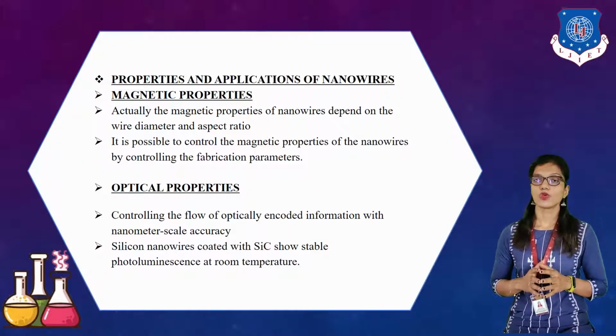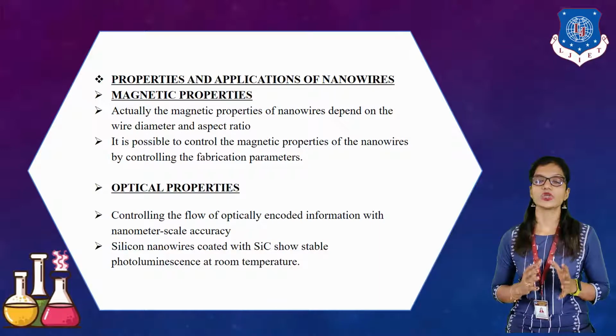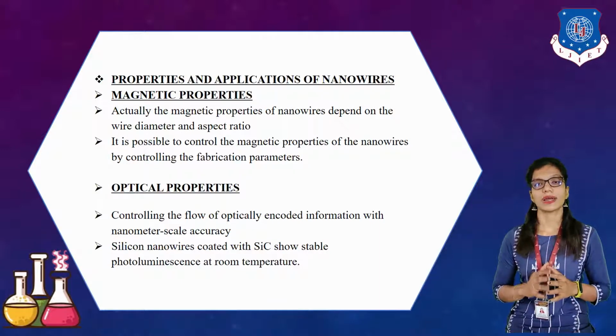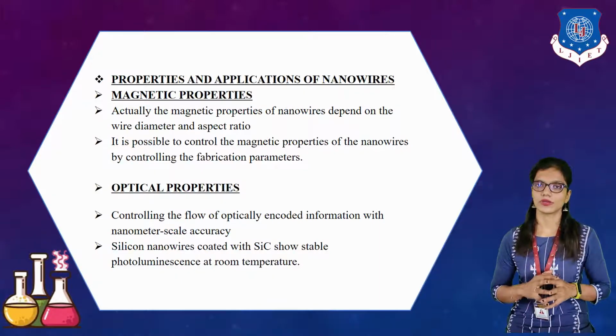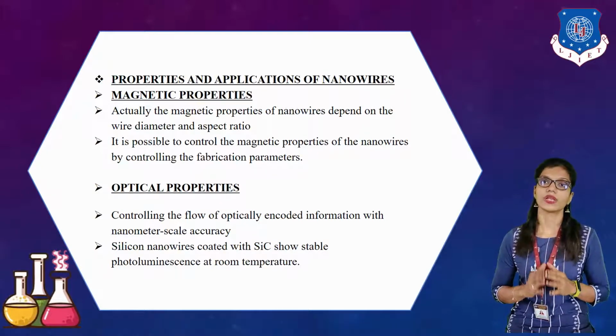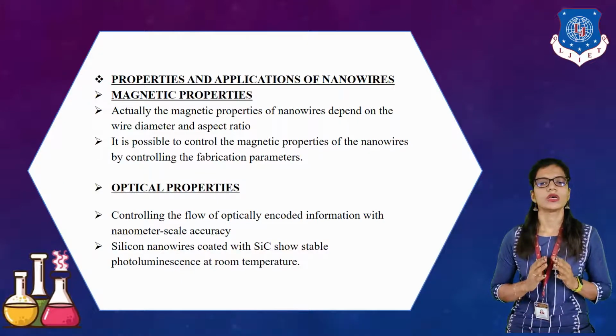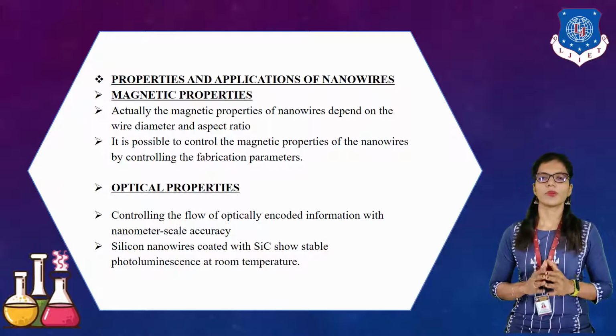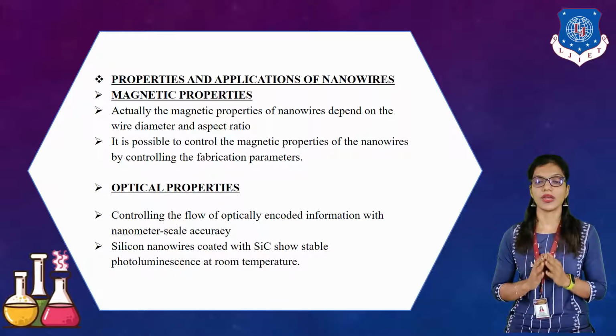Now let's move ahead to the next one: properties and applications of nanowires. Nanowires are widely used and can be utilized in many ways. The first is the magnetic property. The magnetic properties of nanowires depend on the wire diameter and aspect ratio.